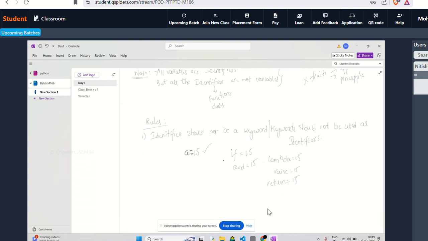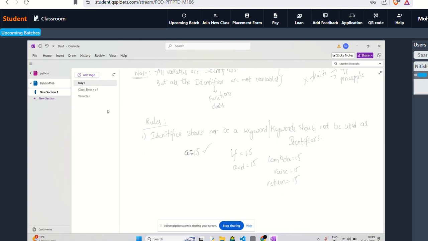Why? Because you know about keywords, right? Tell me what are keywords? Keywords are predefined functions. Keywords are universal standard words whose task is predefined, means it is fixed by developers.